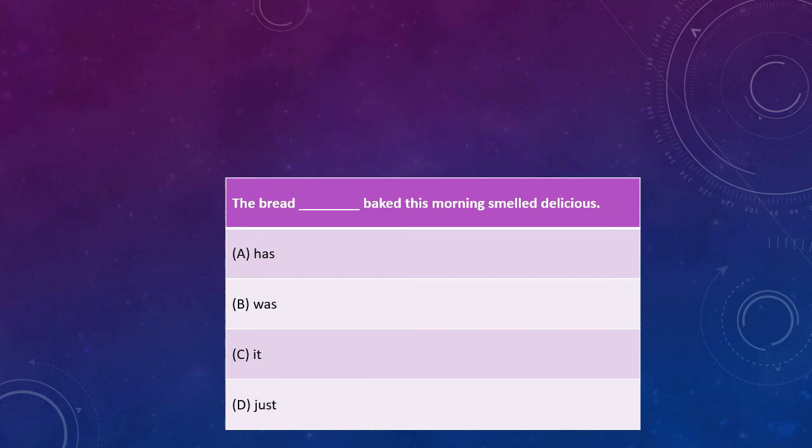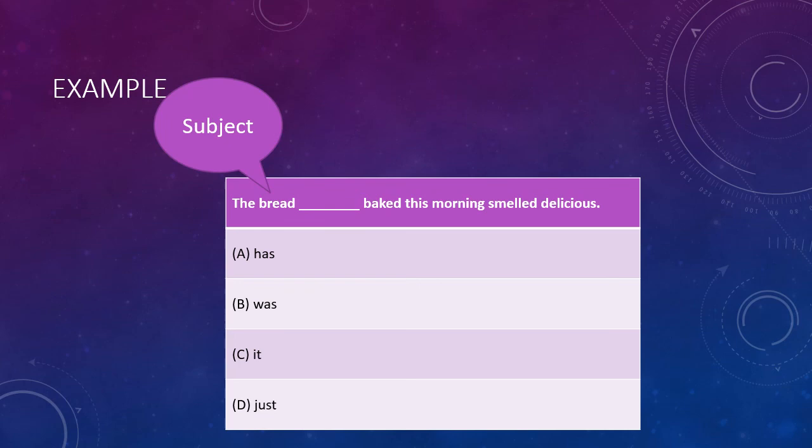Let's take a look at an example for past participles. Here: the bread baked this morning smelled delicious. We have baked and smelled, two verbs. But of course, this sentence should only have one verb because we don't have any connector. So which one is the verb? Of course, this one, smelled, because then we have delicious: smelled delicious, verb.